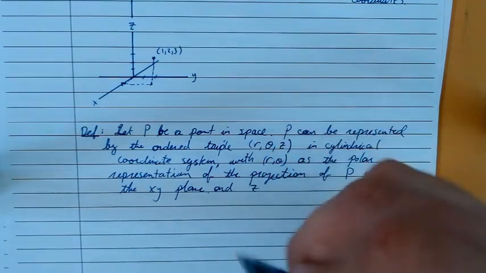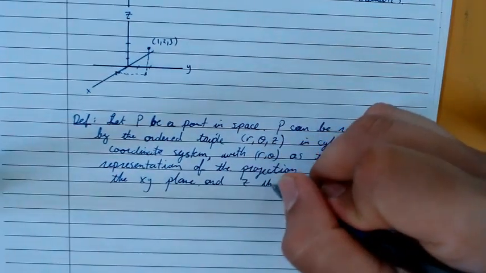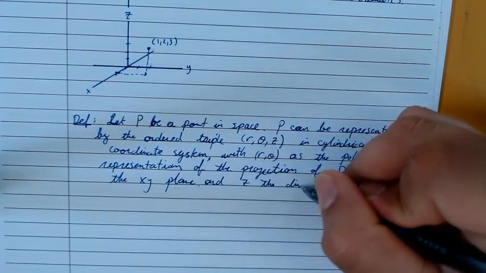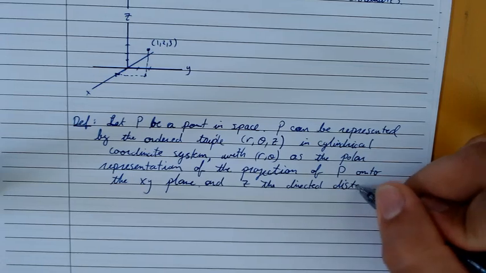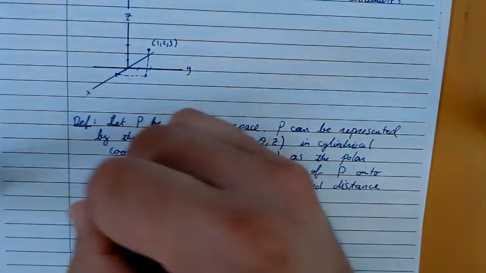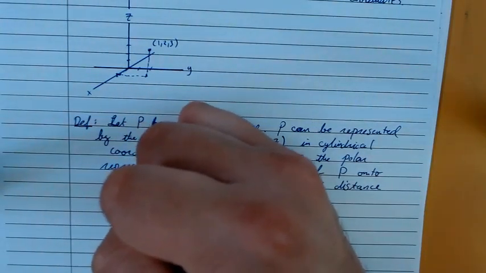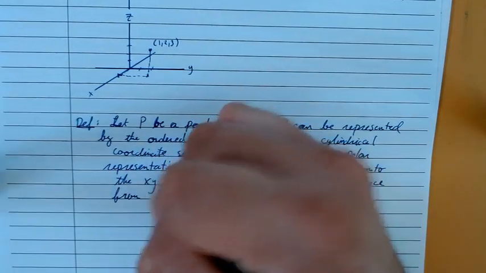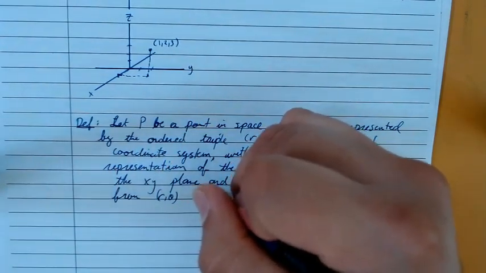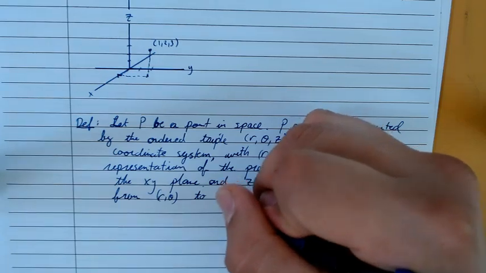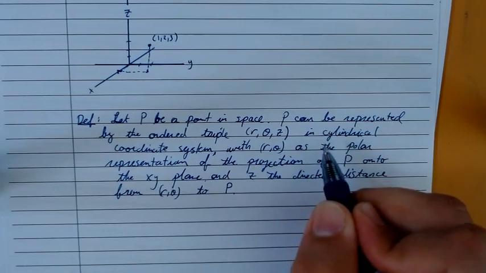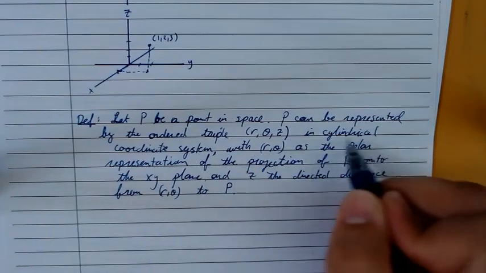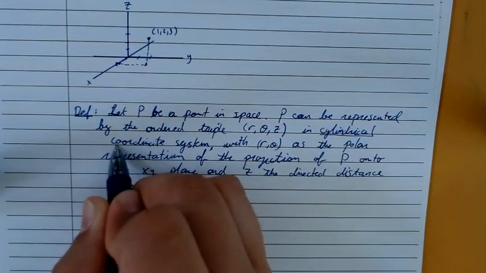And z, the directed distance from r, theta to P. So what we're defining here is the cylindrical coordinate system.